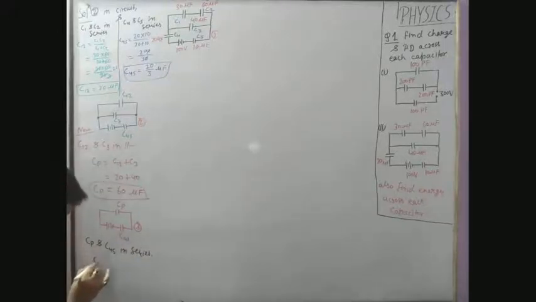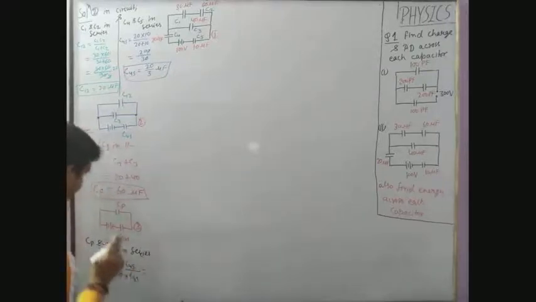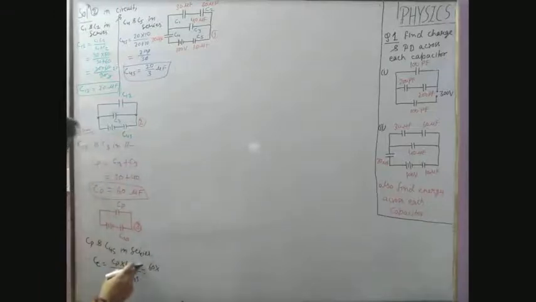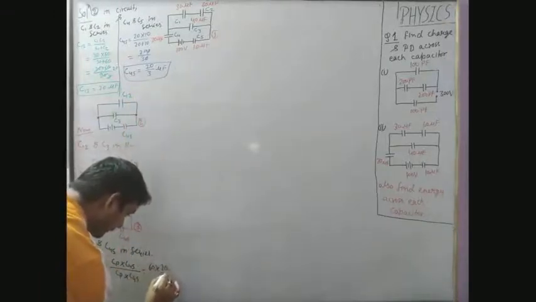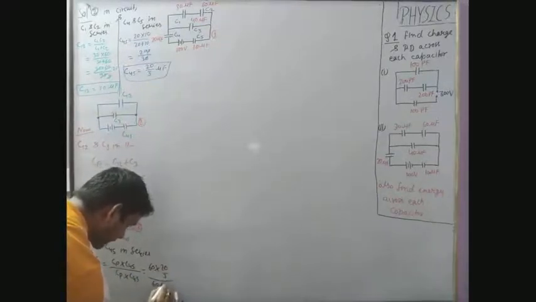Therefore C equivalent is equal to CP into C45 upon CP plus C45. On solving this, this value is 60 into 20 by 3 upon 60 plus 20 by 3.